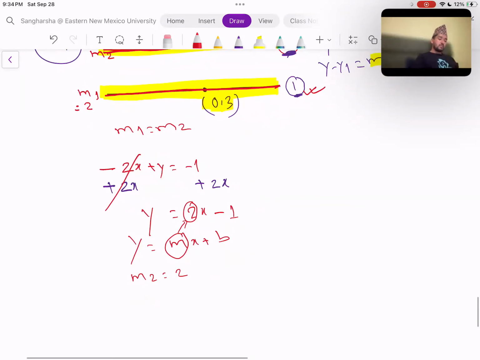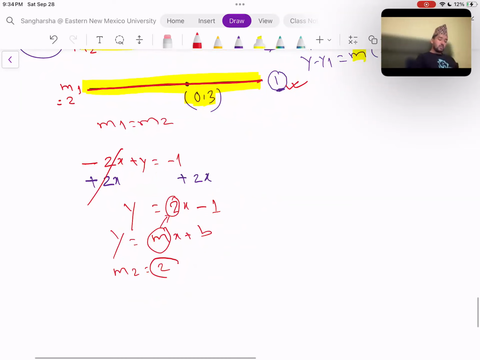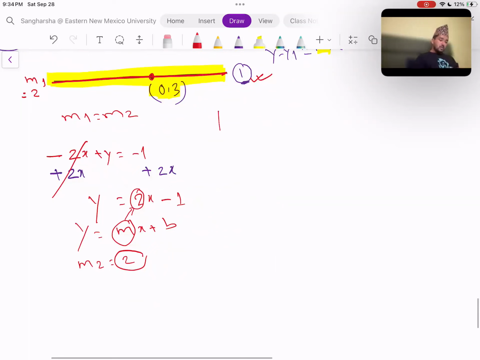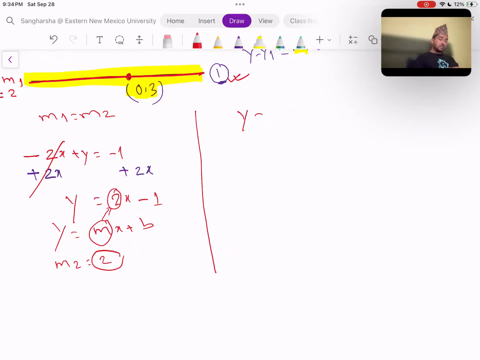So you are using this slope and this point. Now, we need to find the equation. To find the equation, we have y minus y1 equals m times x minus x1. Let's call this x1, this y1.